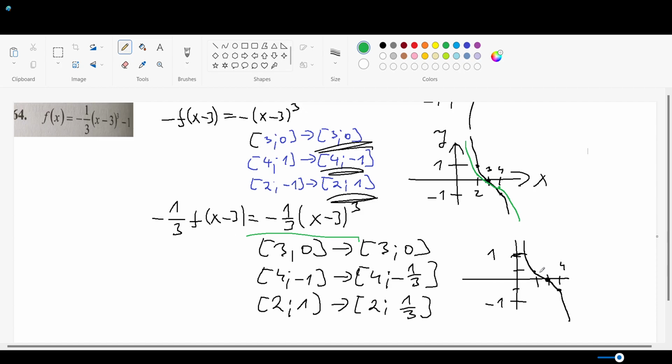So this is our new function, and the last thing we want to apply is take away 1.